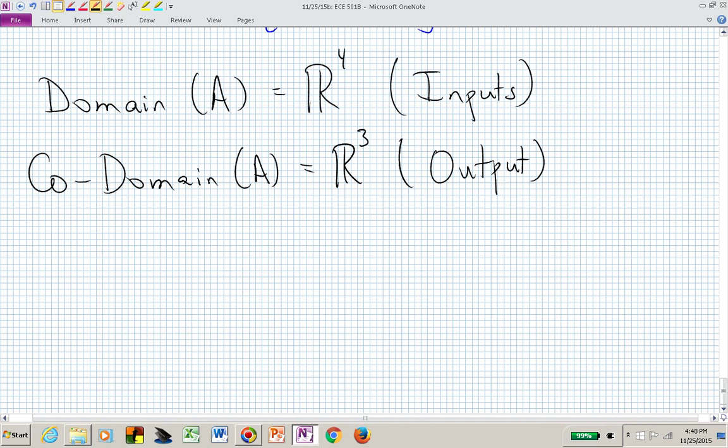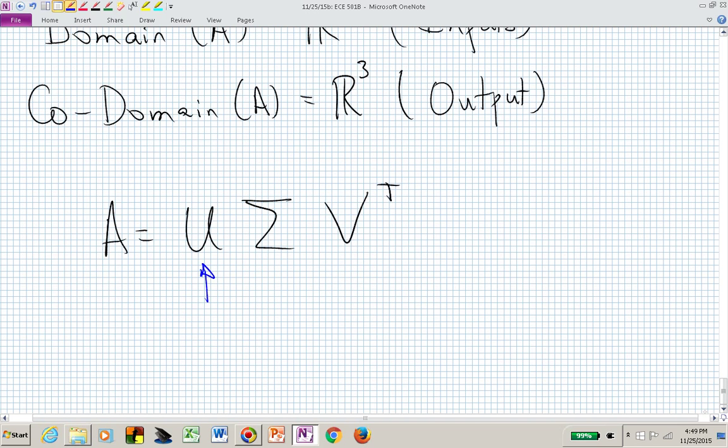And we now have that A is equal to U sigma V transpose. U, again, is a 3 by 3 matrix, and it's made up of a set of orthonormal vectors.